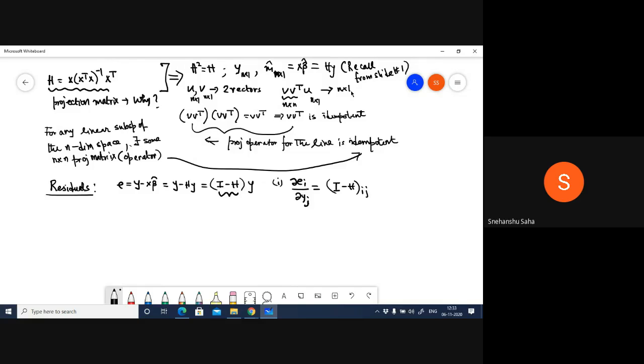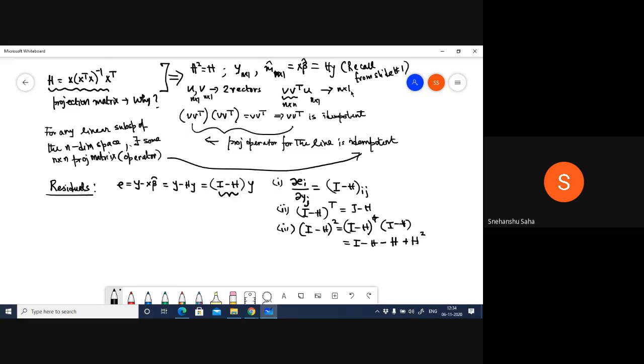The second property is symmetry, which means (I minus H) transpose is equal to I minus H. The third one is idempotence: (I minus H) squared is (I minus H) times (I minus H), which gives I minus H plus H squared. Here the property of H comes into play.